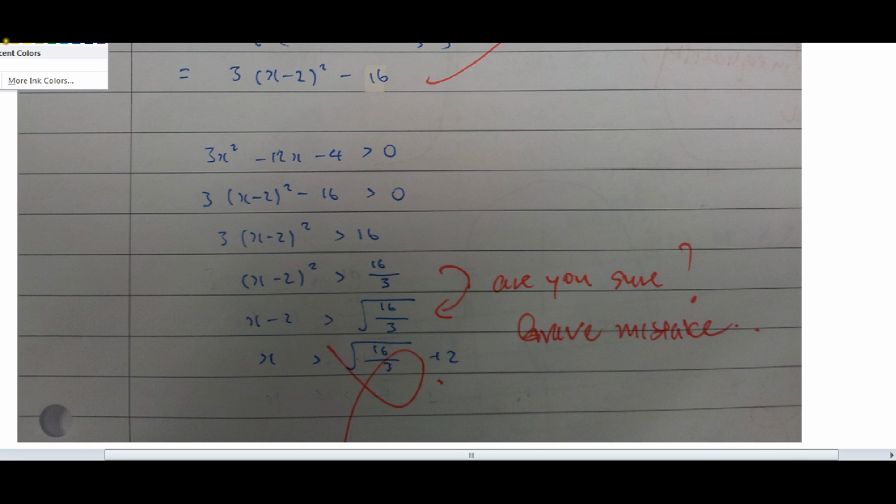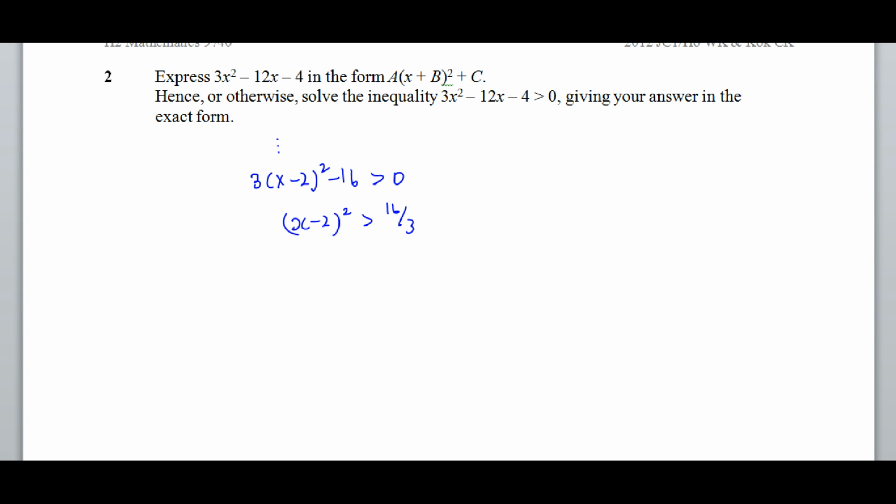Very importantly, from here to here. Are you sure? I ask you, are you very sure? You cannot take the square root on both sides just like that. Why? Now you think.